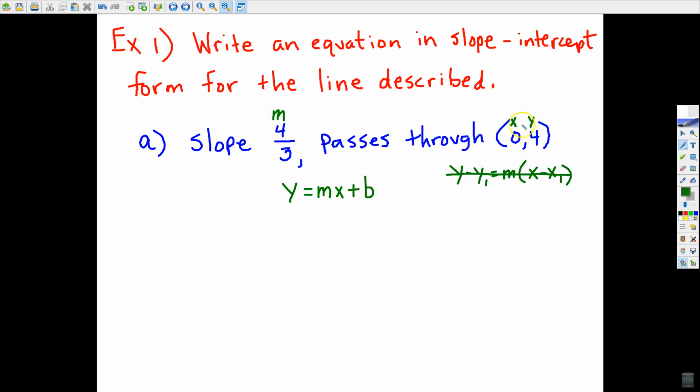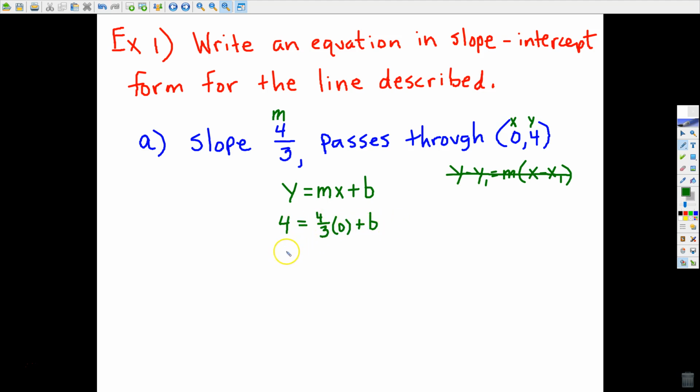So let's plug in these numbers into this equation form. y is 4, m is 4/3, x is 0. The only variable in this equation that I don't have a number to substitute for is b, the y-intercept. So I'm going to solve for the y-intercept on this line.